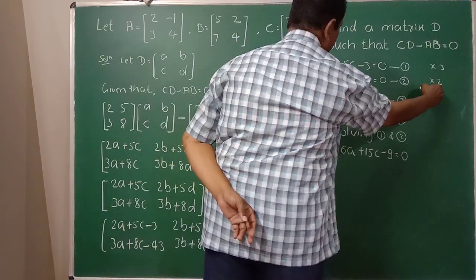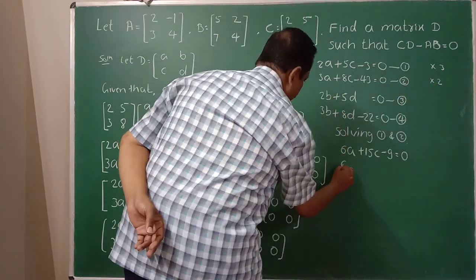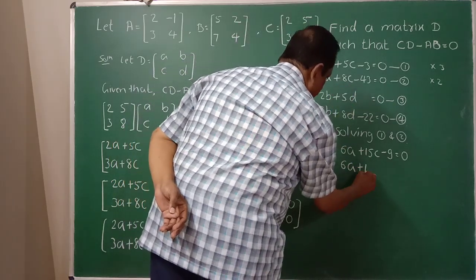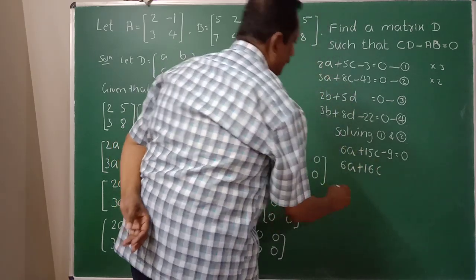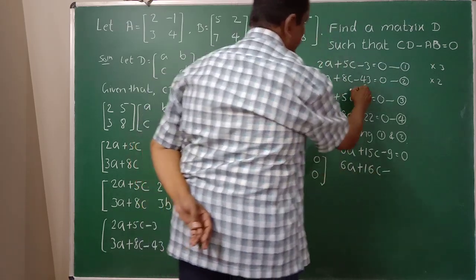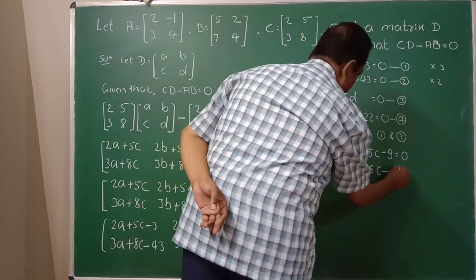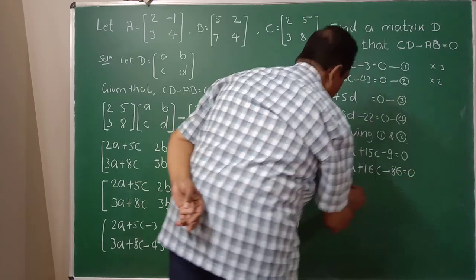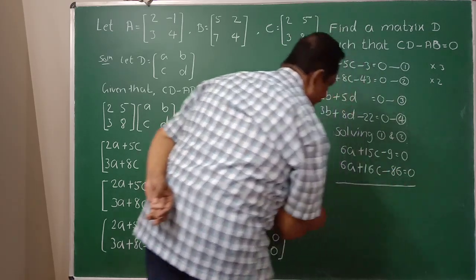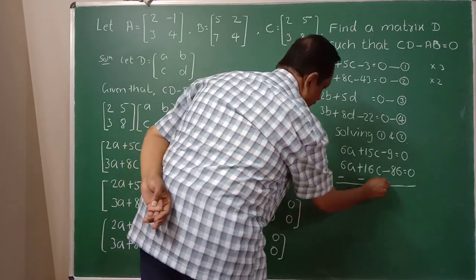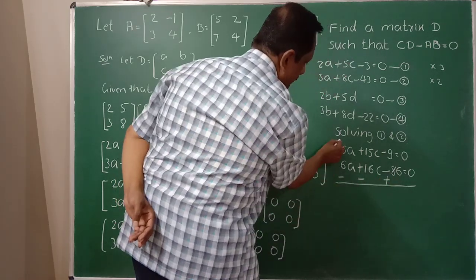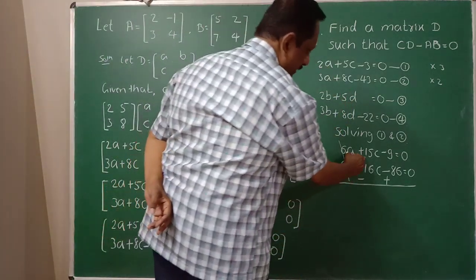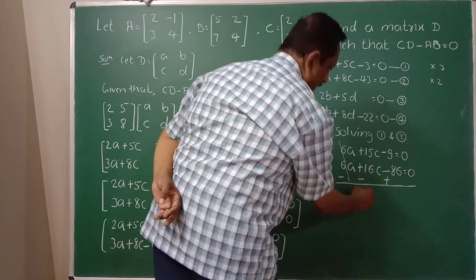Multiply the second equation by 2: 3 2s are 6, 6a, 8 2s are 16, plus 16c, then minus 43 into 2, which is minus 86, is equal to 0. Then change the sign: minus and plus. 6a minus 6a cancels. Then 15c minus 16c is minus c.